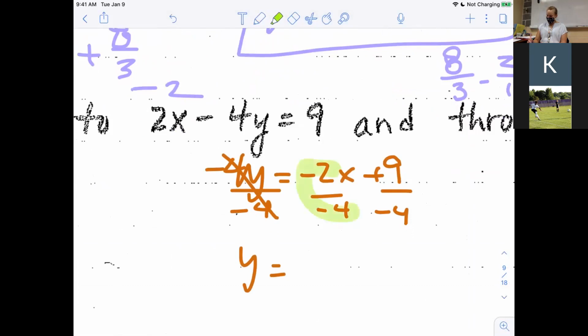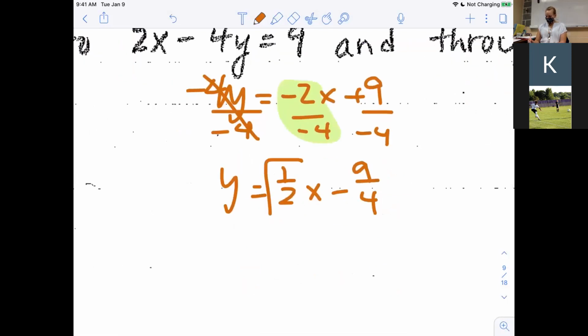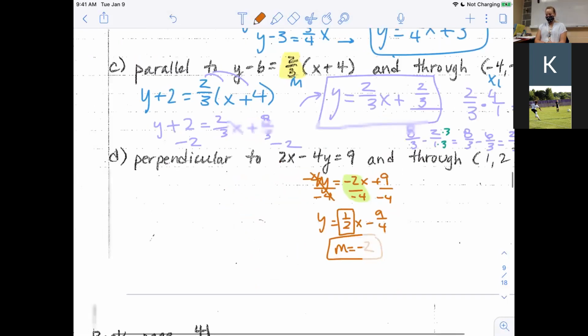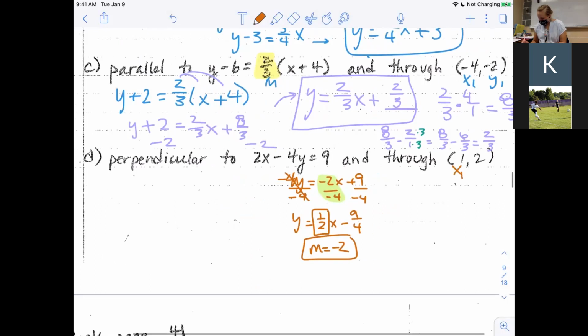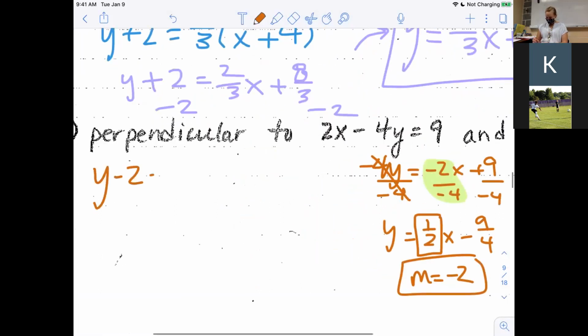We've got -2/-4, which is 1/2. So my slope is going to be what? -2. You guys can't be tricked. And my point is 1, 2. Y minus 2 equals -2 times x minus 1.